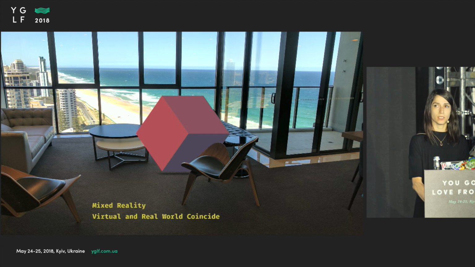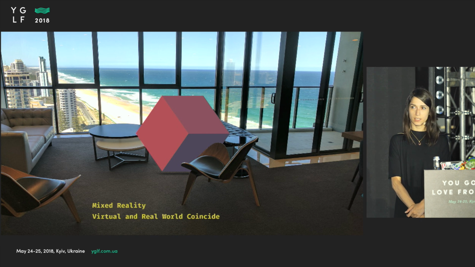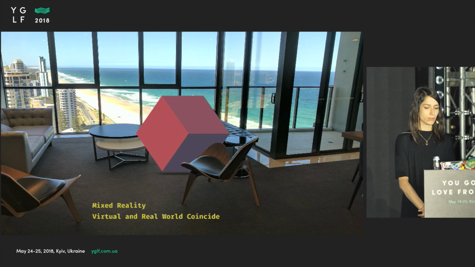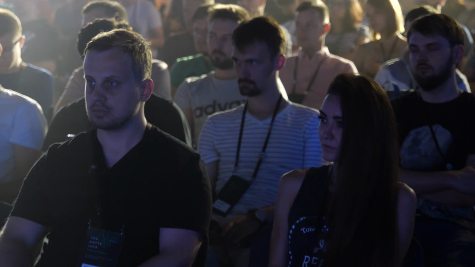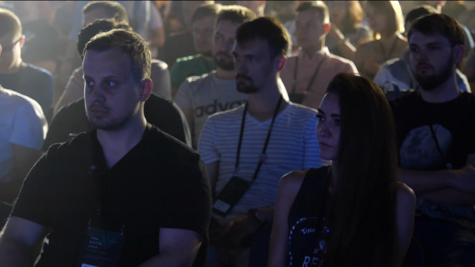And last but not least, there's MR, or mixed reality, or I have also heard the term merged reality, which is quite fitting. But anyway, the goal of MR is that the digital content coincides and interacts with the physical world.